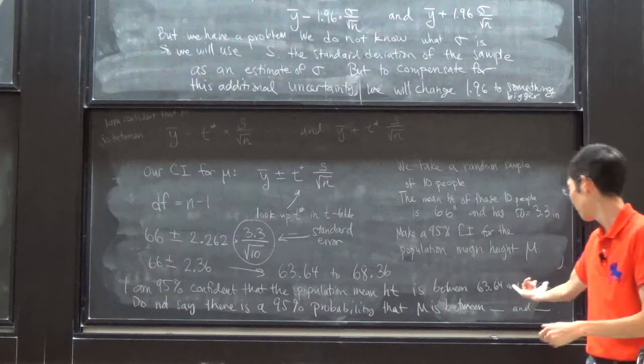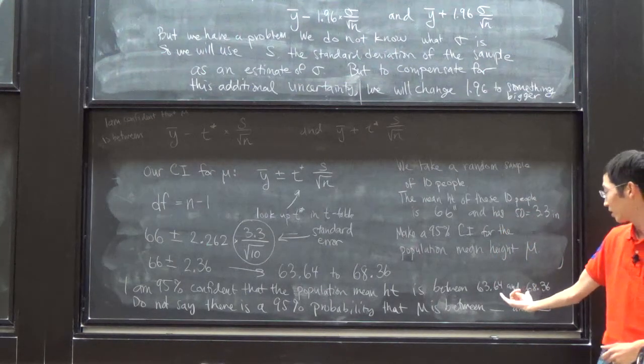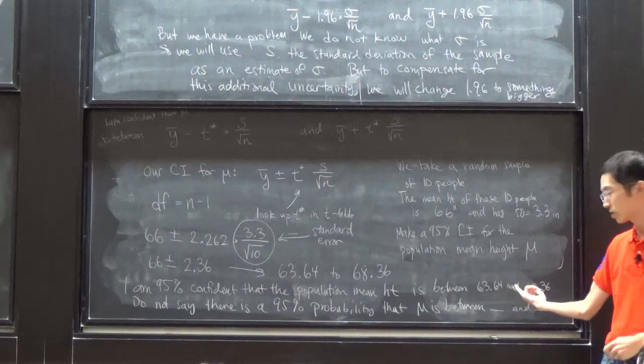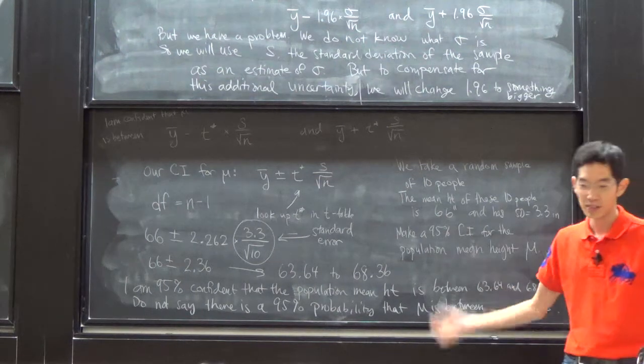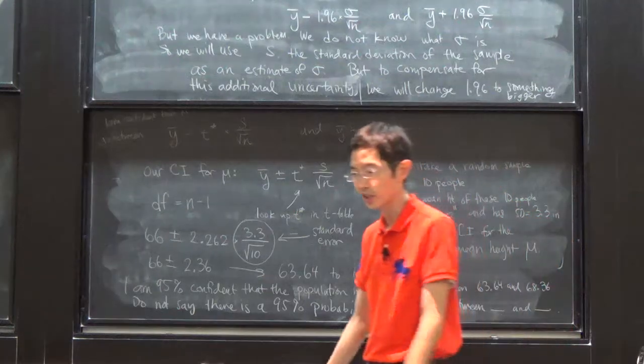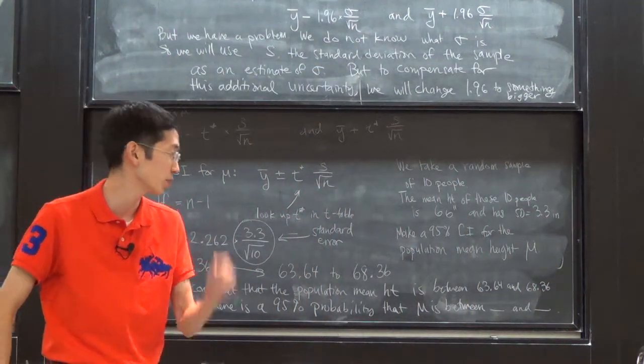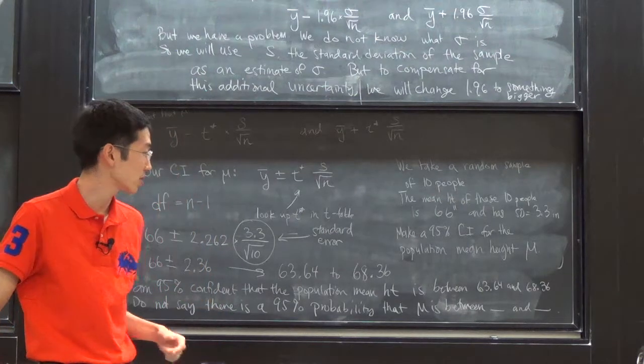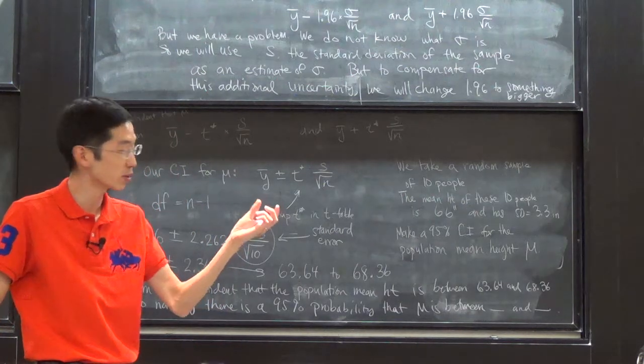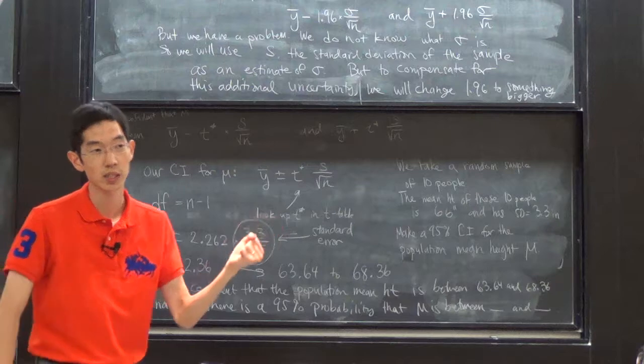Someone might say that to tell me that mu is between 63 and 68 inches, that's a pretty large spread. It's not very useful. There might be some validity to that. So we can have a smaller interval, but we're giving up confidence.